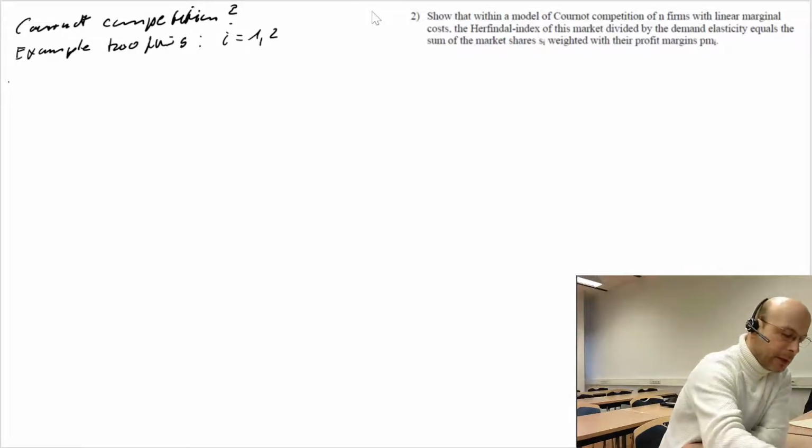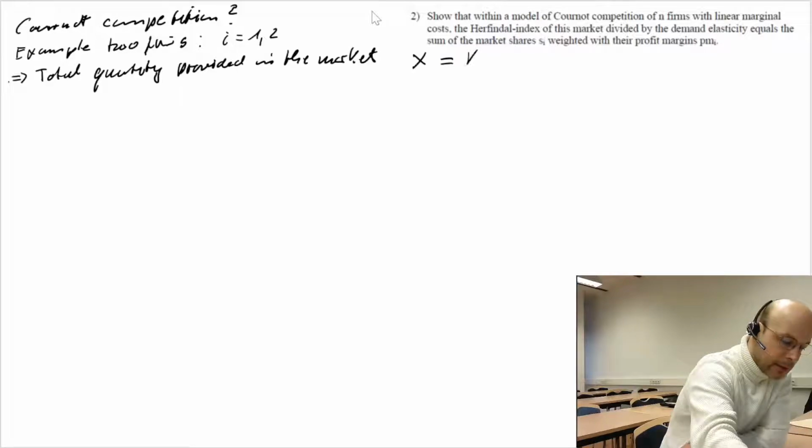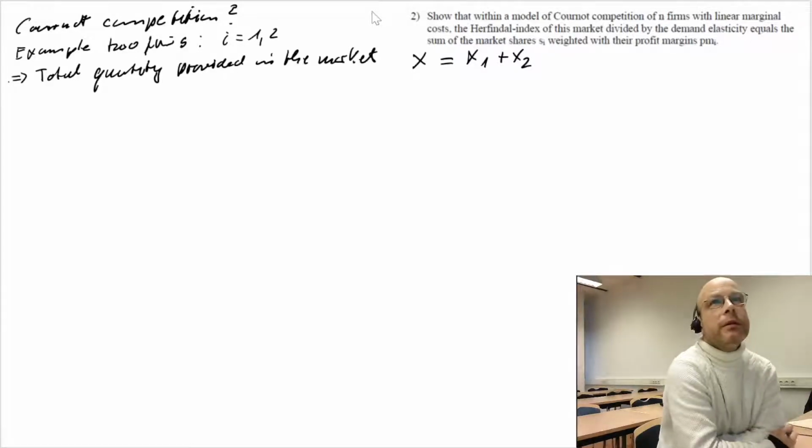So we have the total quantity provided in the market is then X equals the quantity of firm 1 plus the quantity of firm 2.